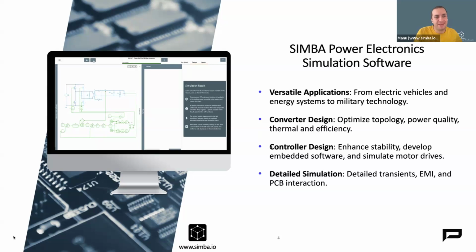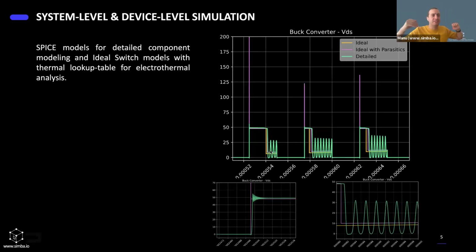There are three main aspects of Simba that we would like to show to you. The first one is that inside Simba, we have different switch models and different levels of modeling. Here, this is a very simple buck converter, and we look at VDS on our MOSFET. We can see that we superimpose different waveforms. The three simulations that we have come from different switch models. First we have the ideal model, where basically the switch is either a pure short circuit when it's closed or a pure open circuit when it's open.